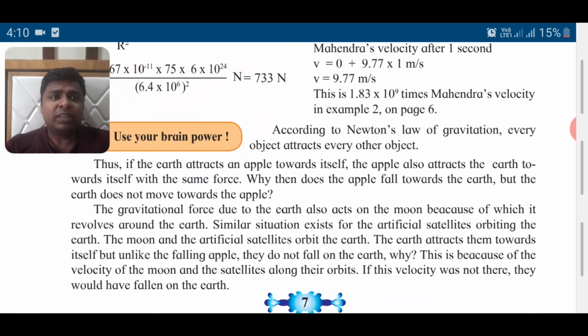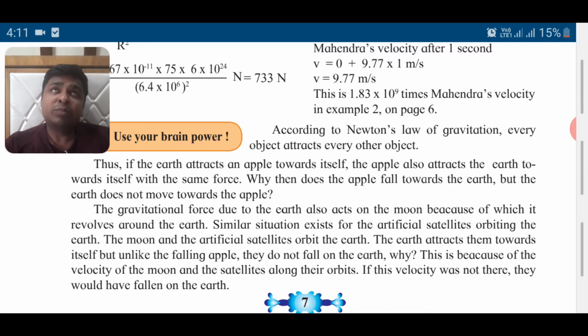So thus if Earth is attracting the apple towards itself, the apple is also attracting the Earth with the same force. But whenever the attraction takes place, the apple comes towards the Earth. Normally we don't see the Earth moving towards the apple. But is it really true that the apple is attracting Earth and Earth is attracting apple?